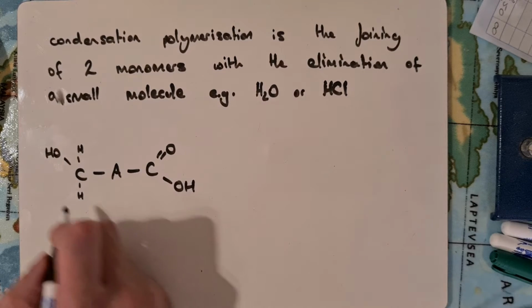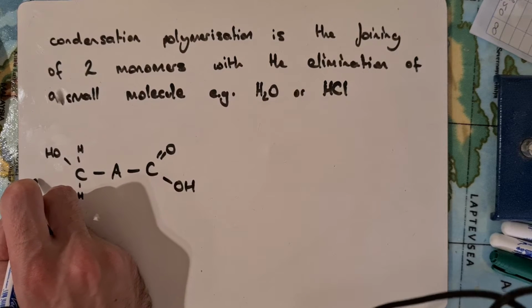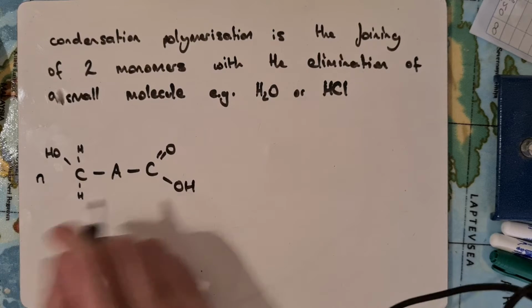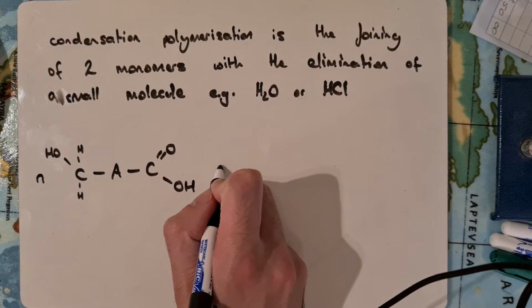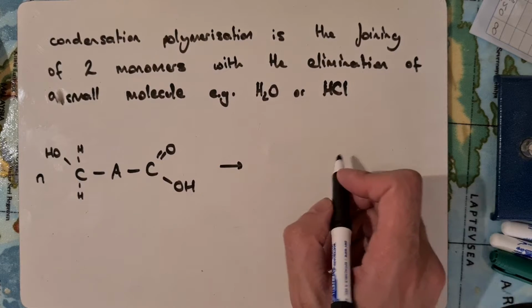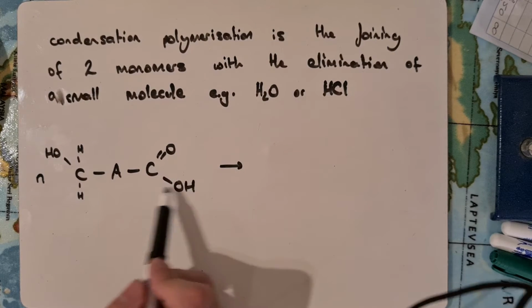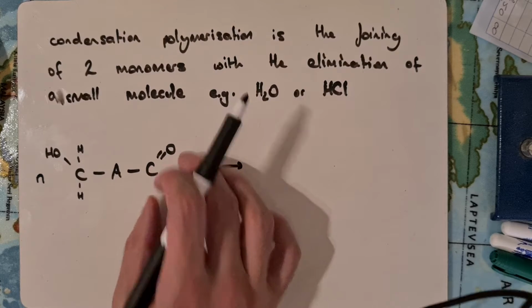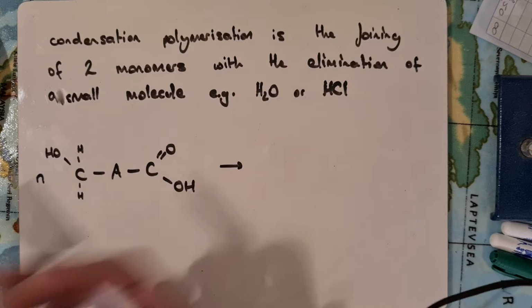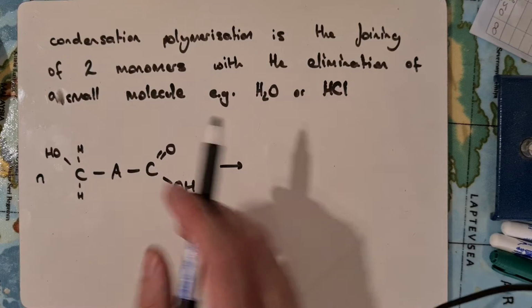And so what happens if we have multiple versions of this and we join them together, then we get an ester bond forming between the carboxylic acid side of one molecule and the alcohol side of another molecule. So we've got lots of them.